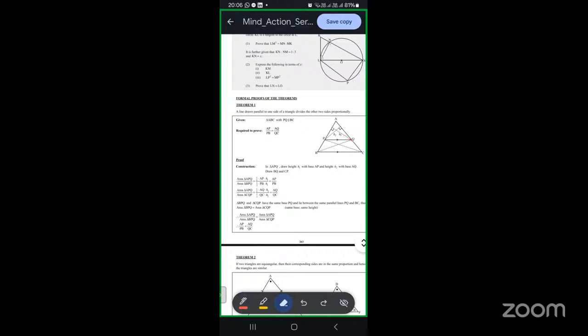One height will be perpendicular to AP, and the other will be perpendicular to AQ. After you are done with that, you name them: one will be H1 and the other will be H2.